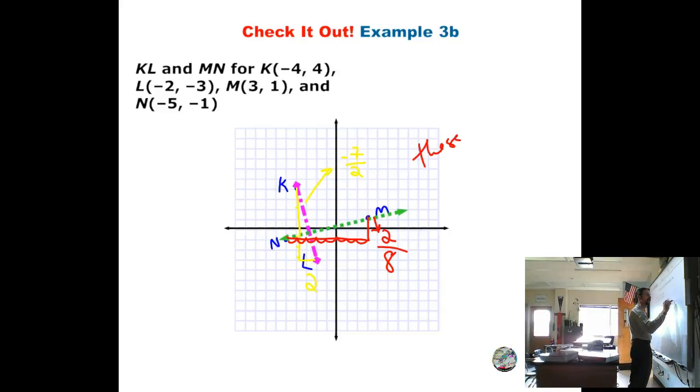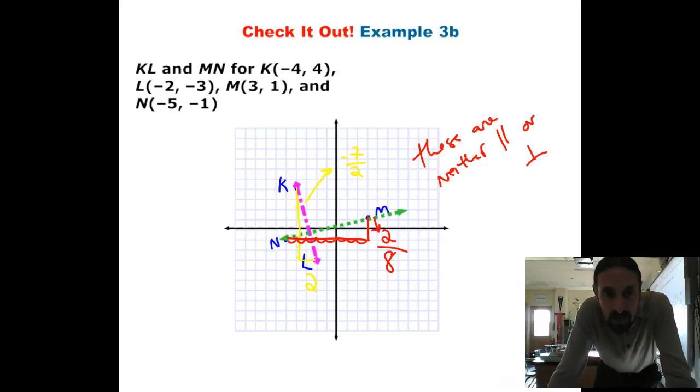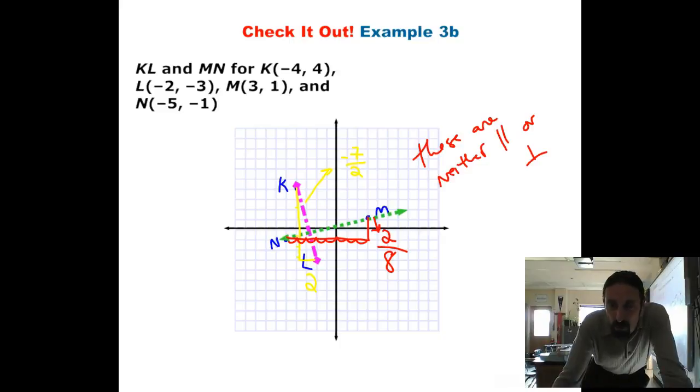These are neither parallel nor perpendicular. I hope that makes sense. That's an easy way to do it without the slope formula. Sometimes you've got points of data that are so big that you have to use the slope formula, but this is the advantage of graphing them out. I hope that helps you.